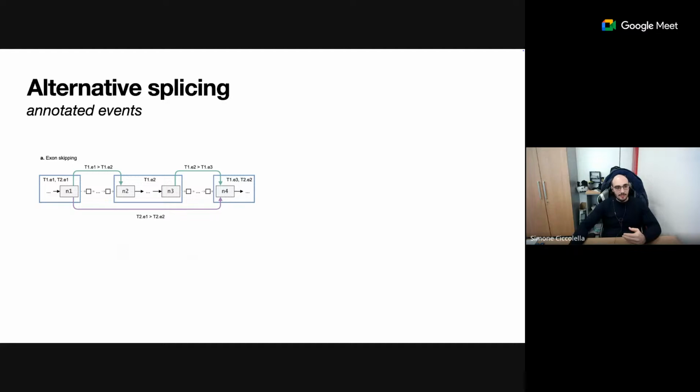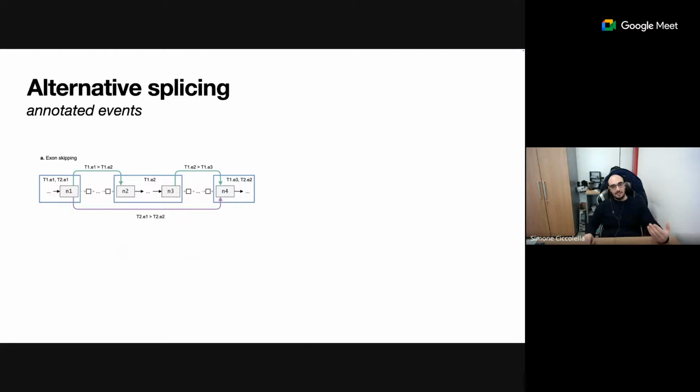Unfortunately, it seems like I cannot use a pointer, but basically the blue squares are the exons, the small white squares, unlabeled ones, are the introns, and then we have these edges that represent the different splicing events on top of the edges that represent the actual genomic pangenome.